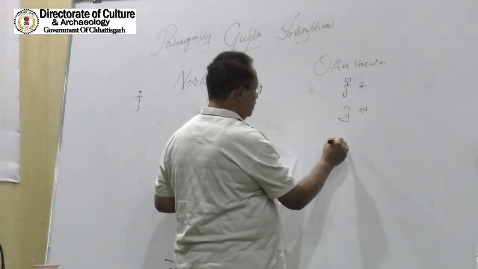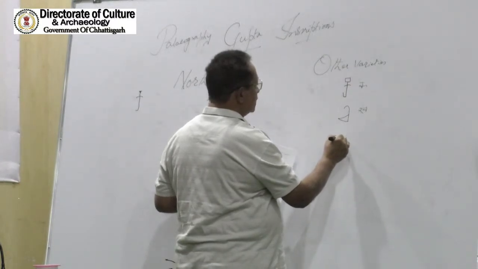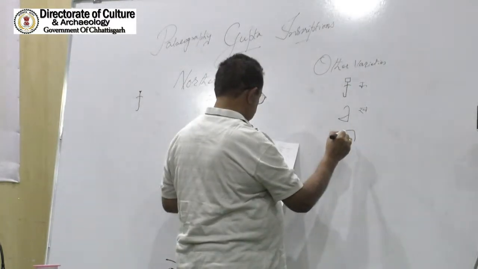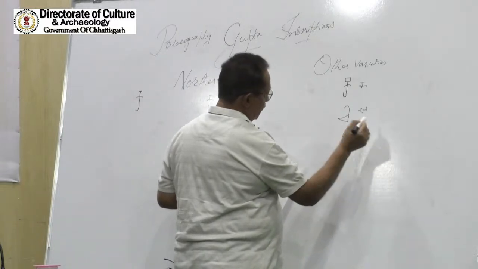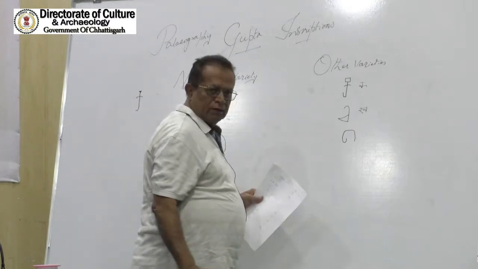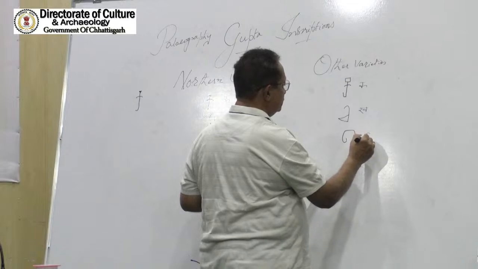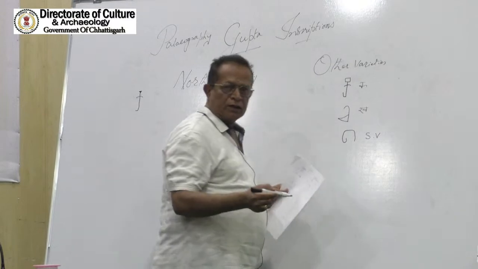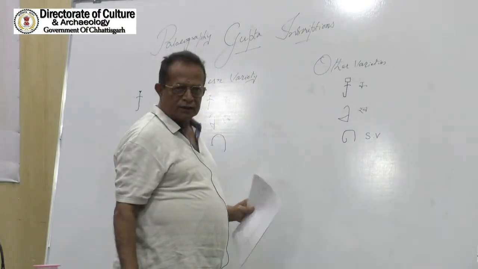And here, they flatten the top. Normally there is no head mark here in this, and they call it a southern variety. A little down in central India, you find this Ga.